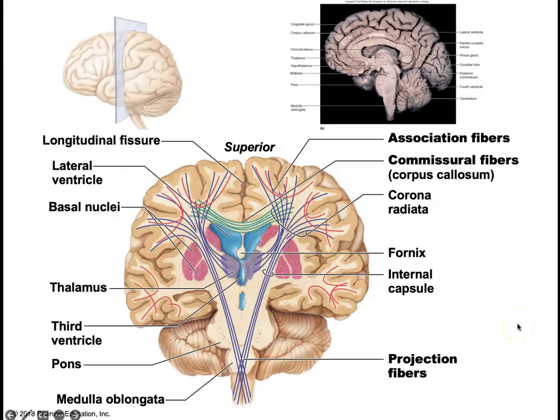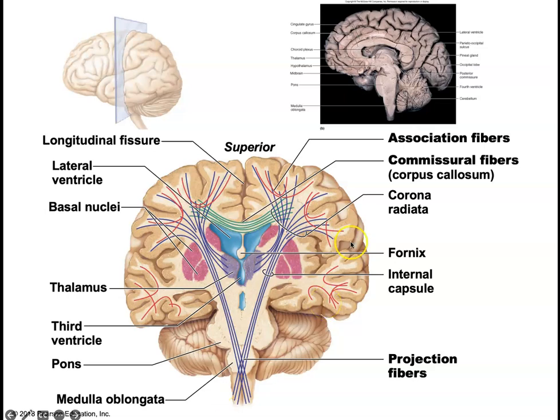Then in terms of how we communicate and how the signals are going to pass through within the brain and then from side to side and then up and down the spinal cord, we have very specific communication fibers, or communication neurons. So you know that we have two hemispheres, a left and a right. Then we also have the tracts that are going to run from our brain down to our spinal cord and then on out.